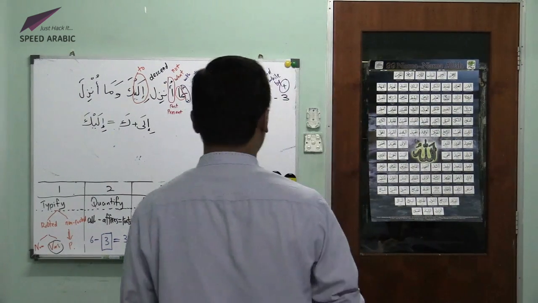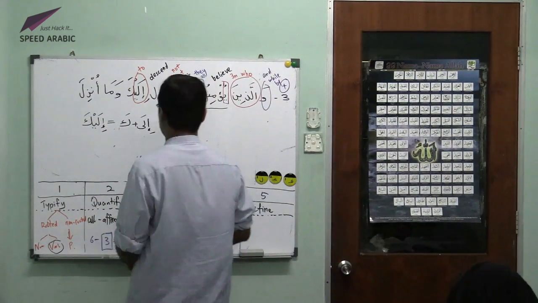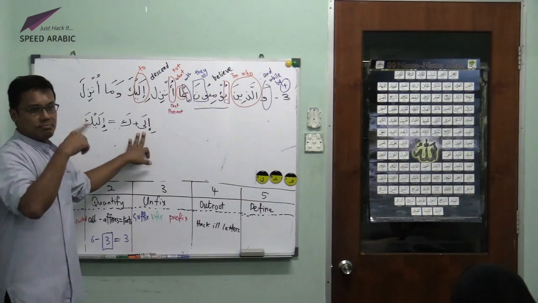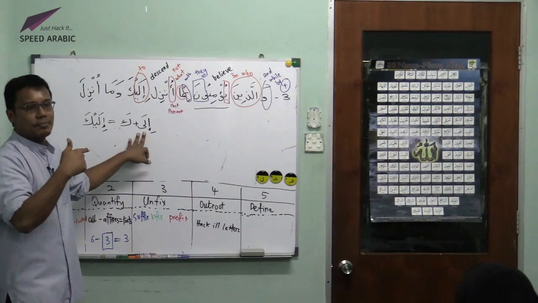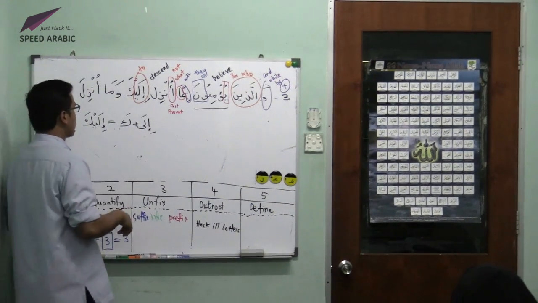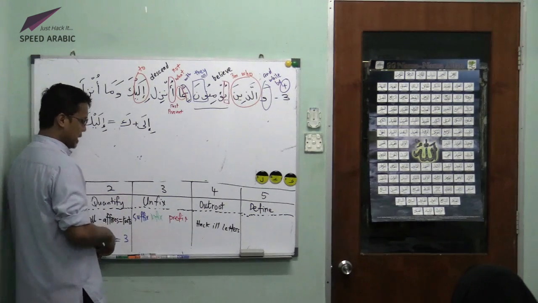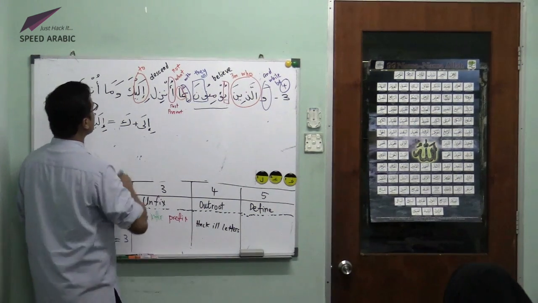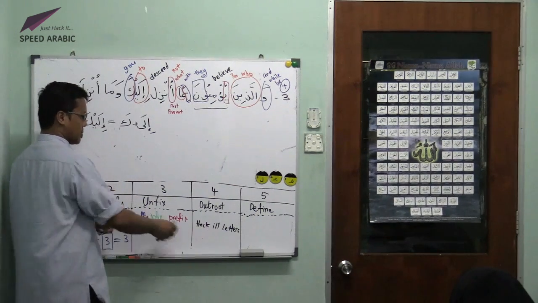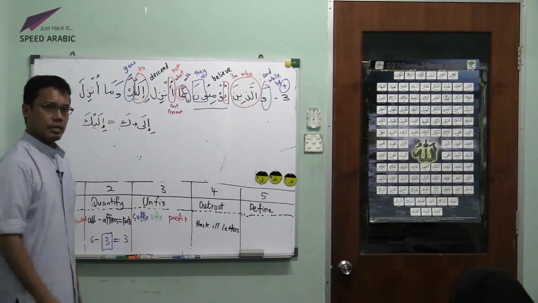Nah, that one has a shaddah. This one has no shaddah. And this one, its alif is actually a ya. The first one, the alif is alif. Right? So, ilaika. So, this is a you here. And we are done with that.